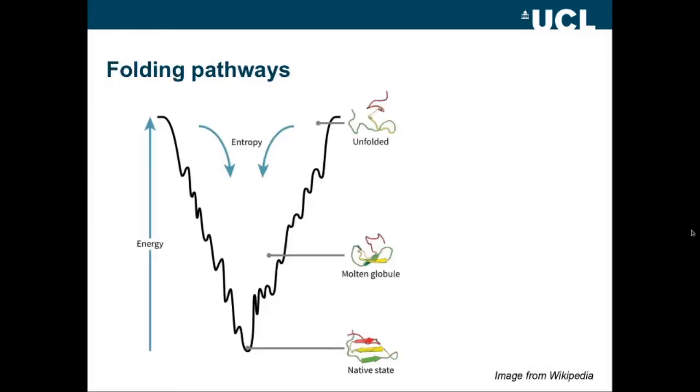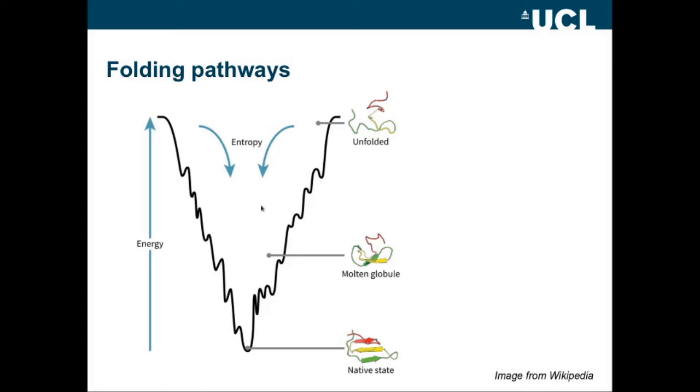This is another representation of the same sort of thing. What we have on the left here is energy. So we're trying to get to some sort of energy minimum, which is the native folded state. Now up the top here we have lots and lots of possible different unfolded forms, which means that we have lots of entropy, lots of randomness.